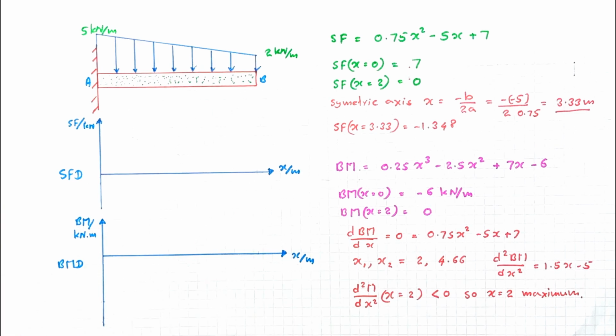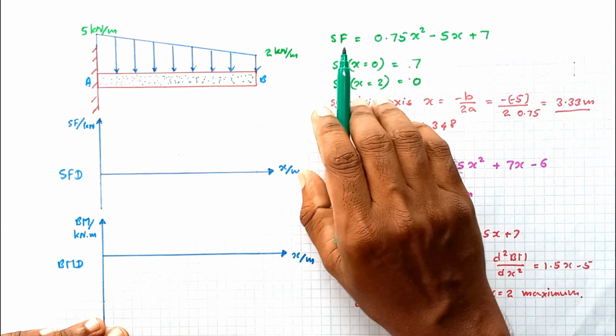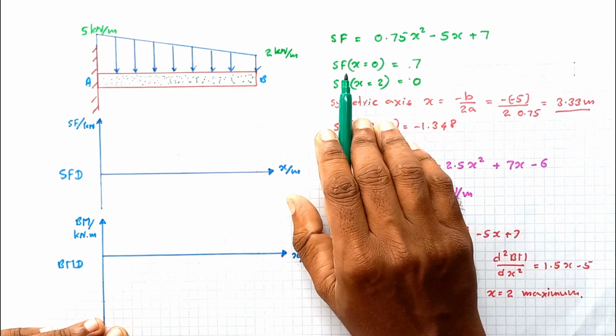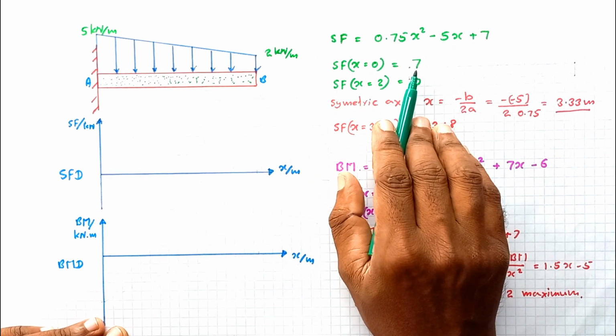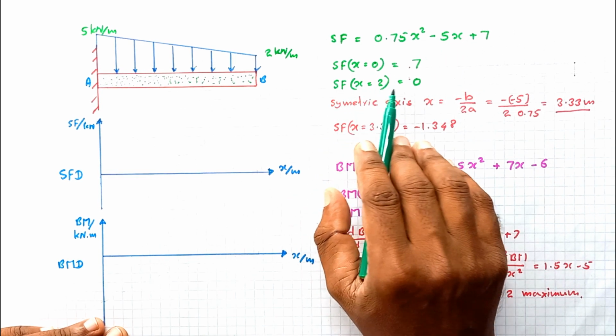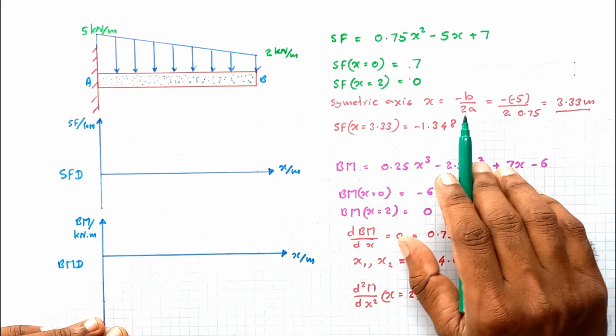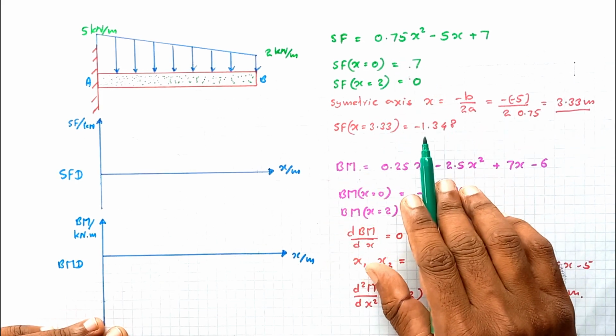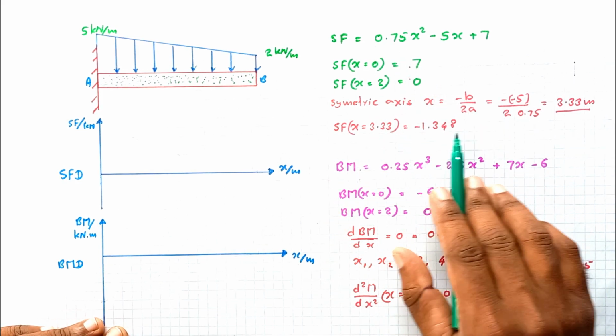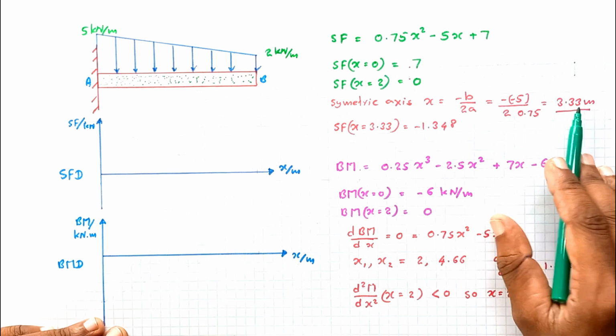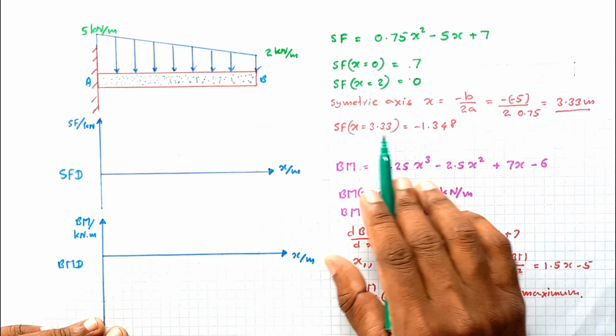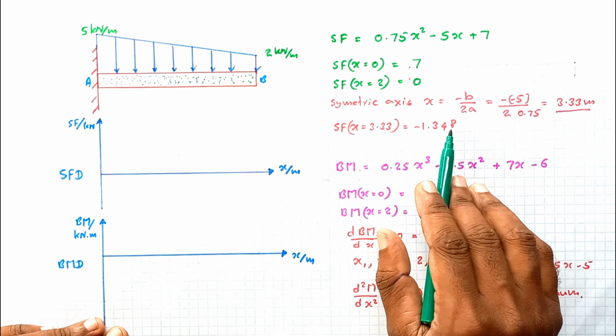Okay, here I have listed all the equations we obtained so far. The shear force at x equal to 0 is 7. Shear force at x equal to 2 is 0. The parabolic variation has its symmetry axis at 3.33, where it has the minimum value 1.348.